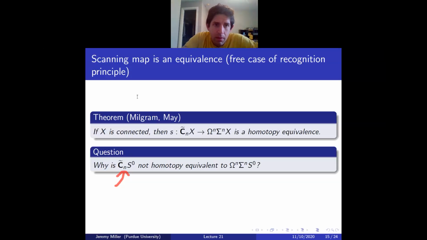Tilde CNX is going to be CNX minus base point if X is discrete. So does this have configuration space? Yeah. This one on a cube?